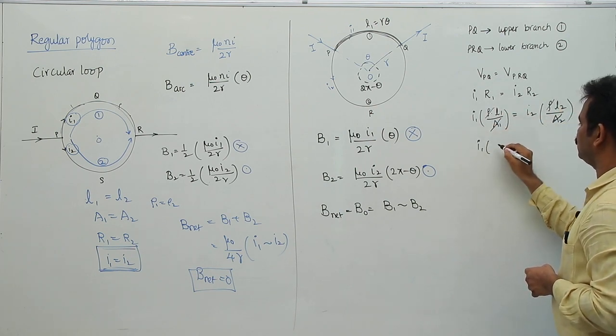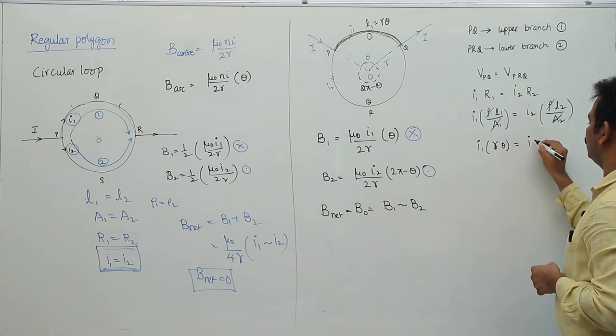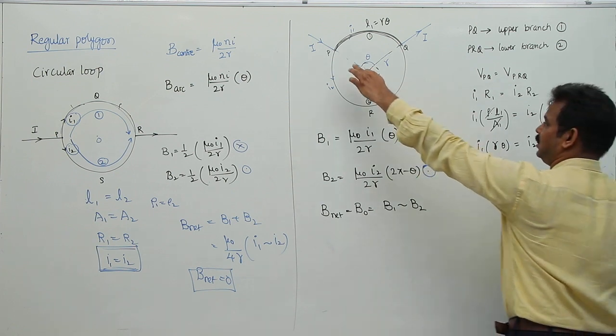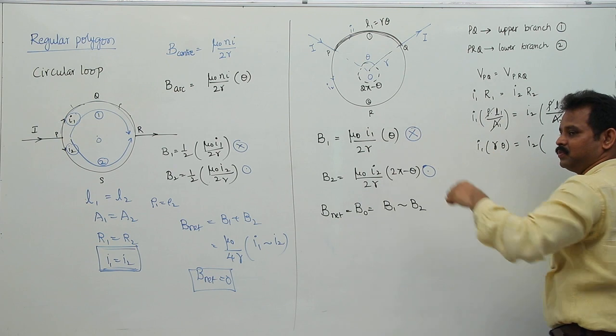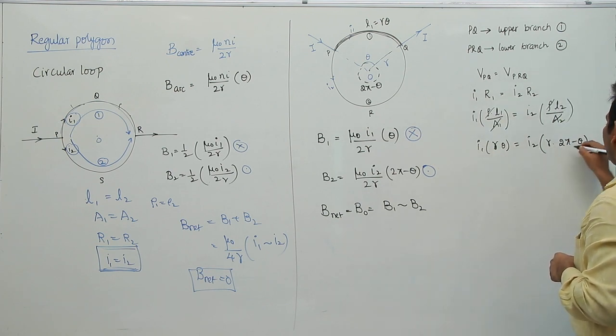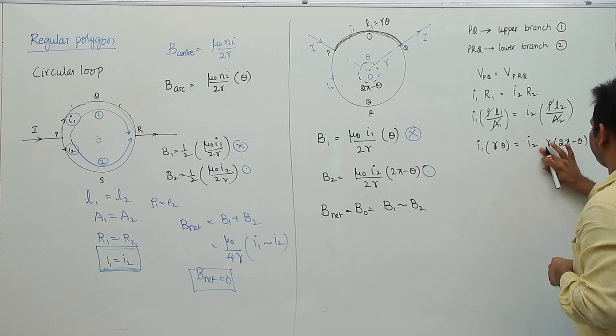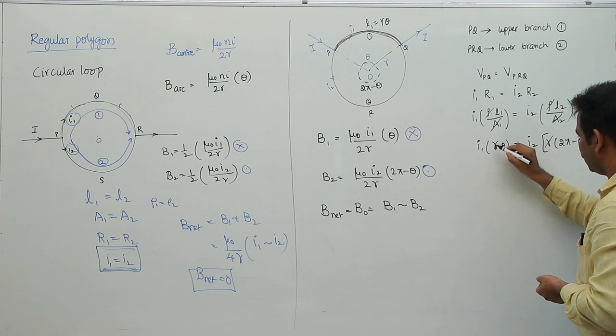So I1 into L1, which is R theta, is equal to I2 into L2. What is L2 here? L2 is radius into the angle subtended at the center, so this is R into 2 pi minus theta. We can cancel this R and R here.